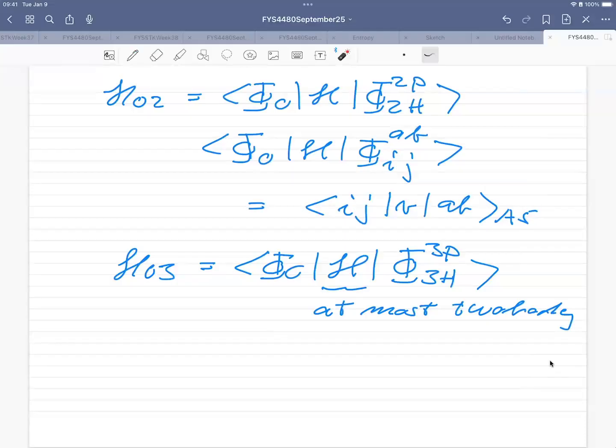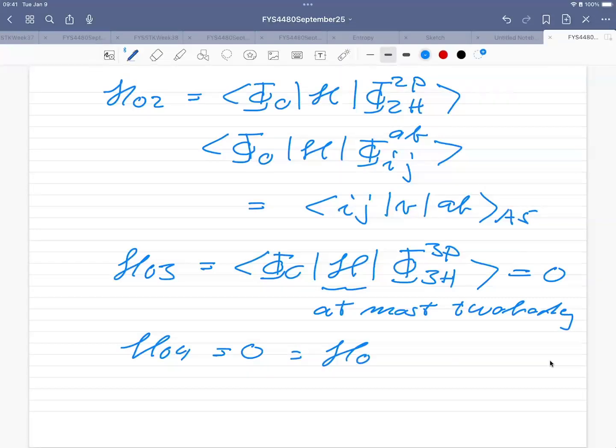So that means that this one, as we said, is 0. And that means also that H04 is 0, H05, and then that continues all the way up to H0 of n particle n hole, where this n here is larger than 2.